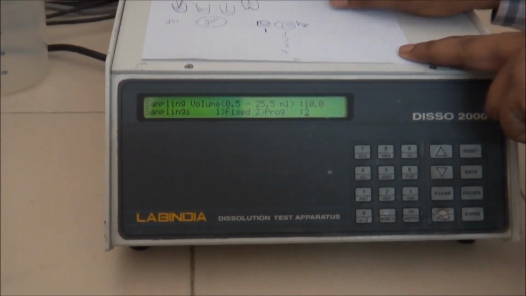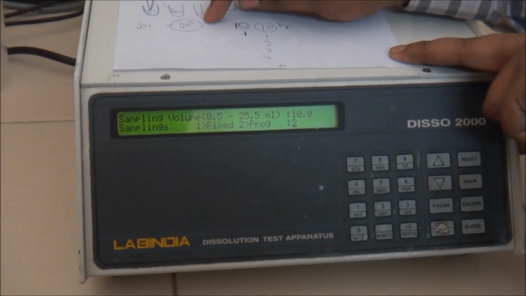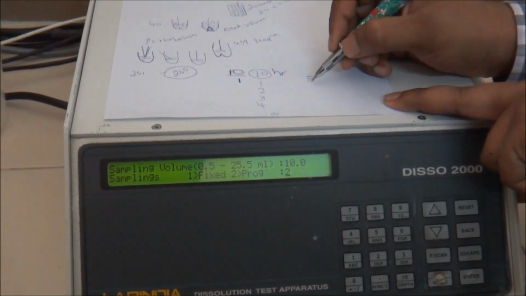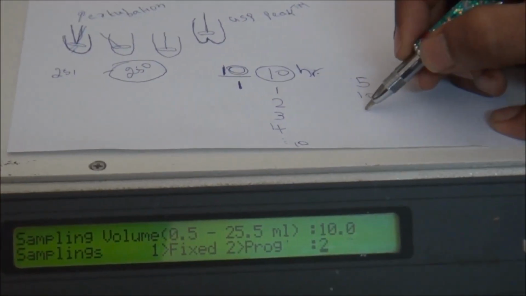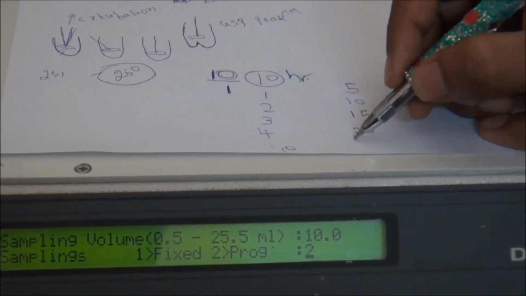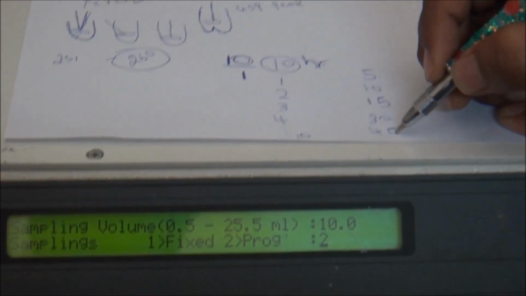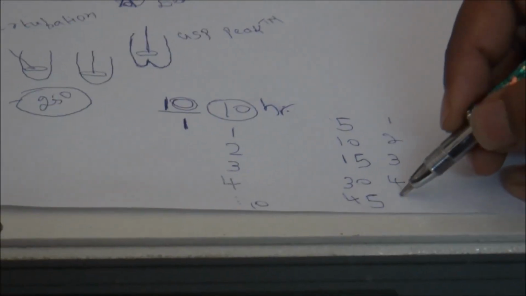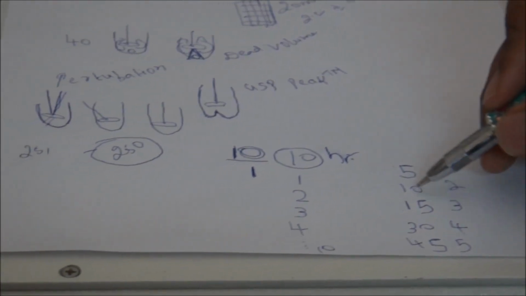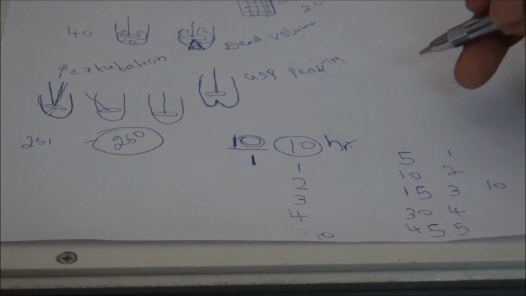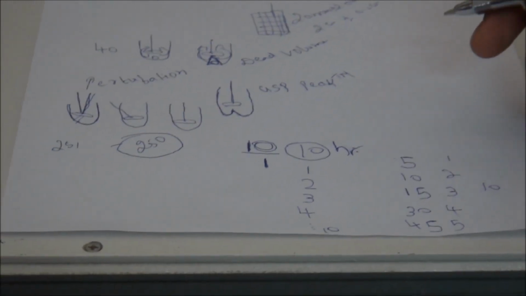In program mode, maybe the total number of samples is 10, but you program it so that the first sample is at 5 minutes, second at 10 minutes, third at 15 minutes, fourth at 30 minutes, fifth at 45 minutes, and then samples at 1 hour, 2 hours, 3 hours, 4 hours and 5 hours. So that is 5 plus 5, 10 samples. You can program the sampling depending on the individual requirement.